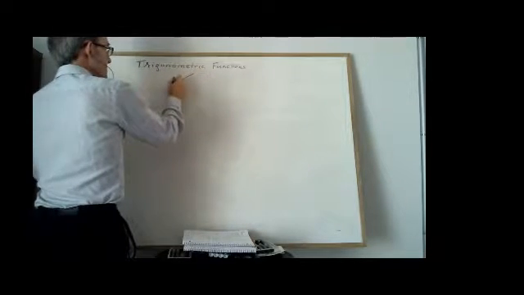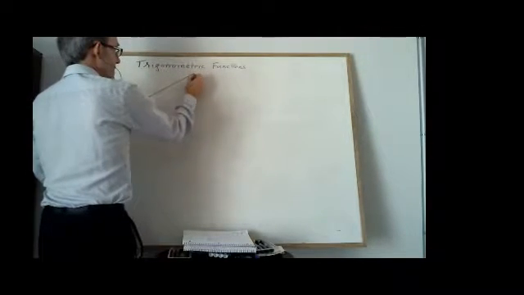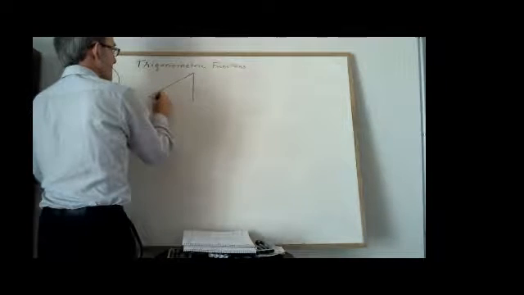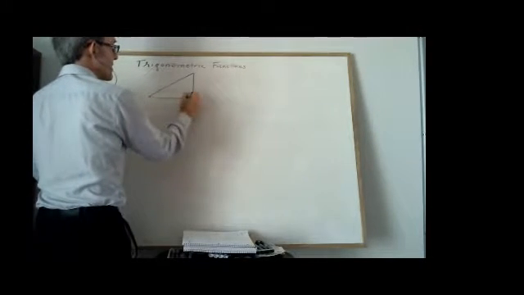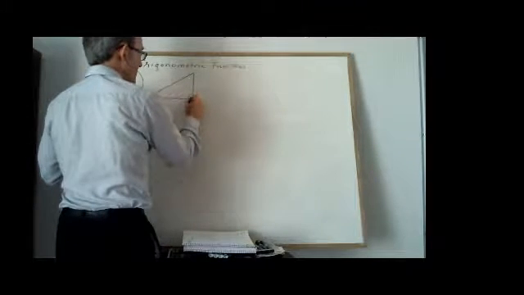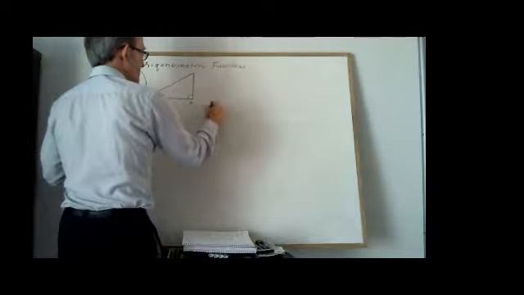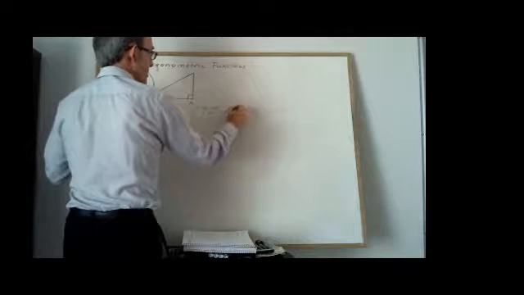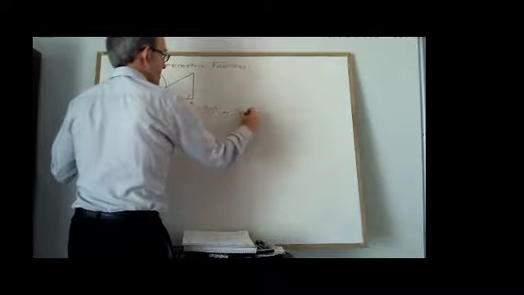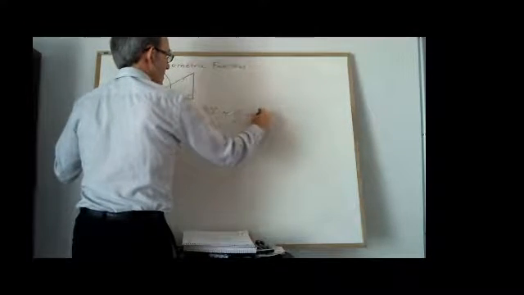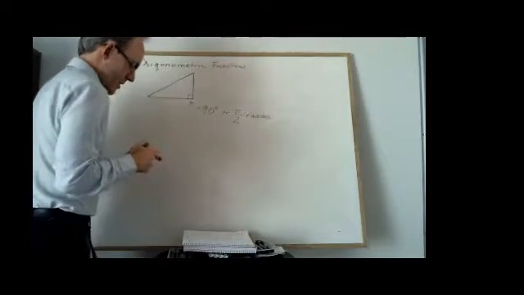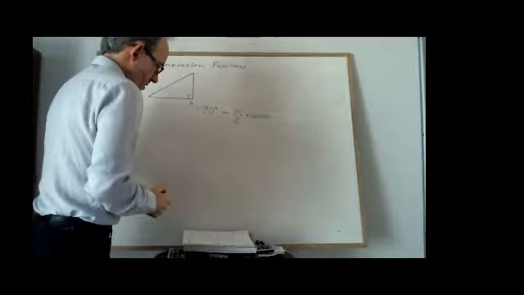Now we start with a right-angled triangle. So this is a triangle where one angle is a right angle, namely 90-degree angle. So this is 90 degrees, or in radians, pi over 2.